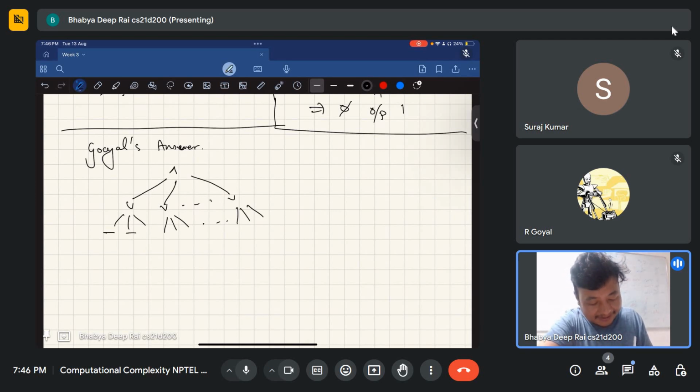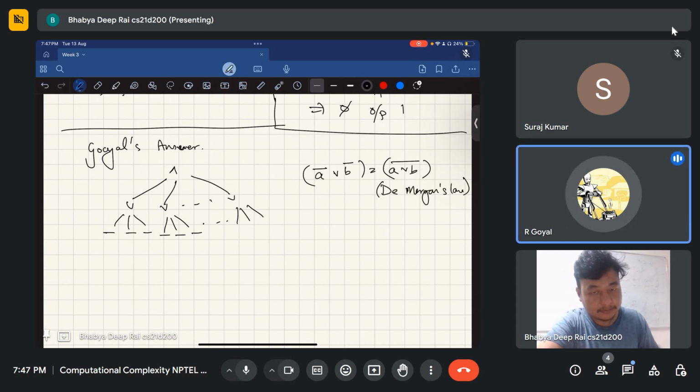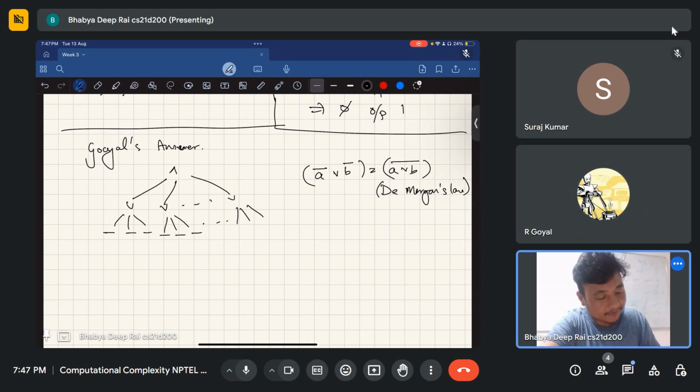Since all of them are negative literals, I use De Morgan's law and push the negations upwards. What is De Morgan's law? A complement or B complement is equal to A and B whole complement. This is De Morgan's law.